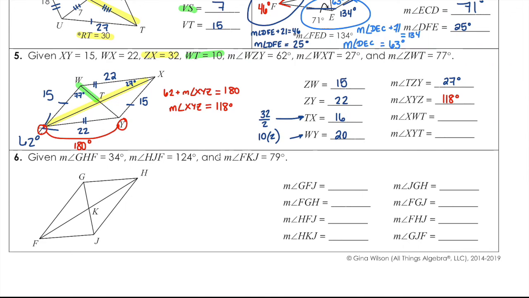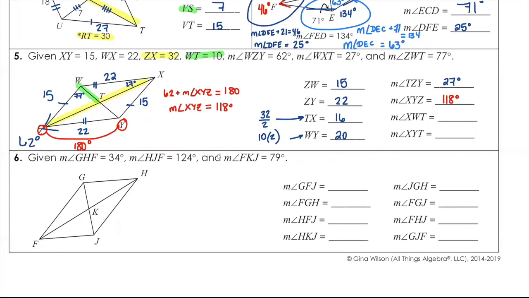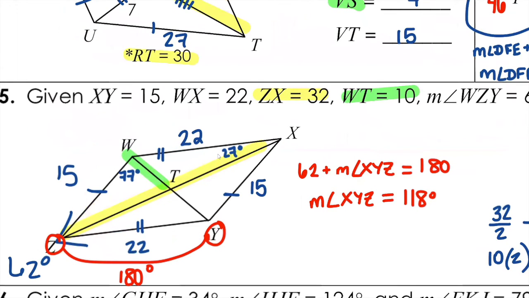XWT. Ho, ho, ho. Another new way to find angles. So if Y is 118, what is the full measure of W? Y. Opposite angles are congruent. So if Y is 118, W is 118.